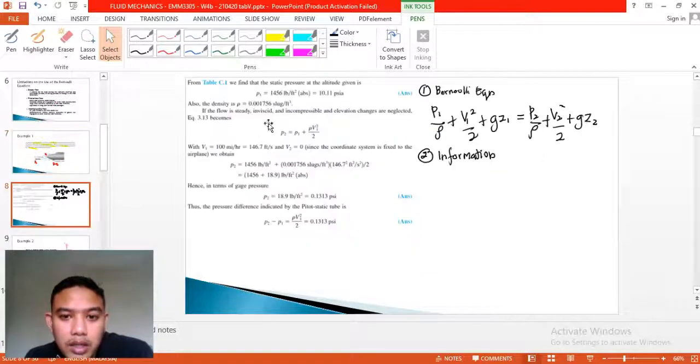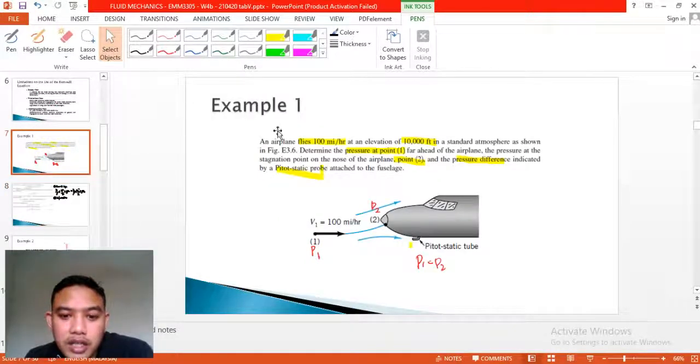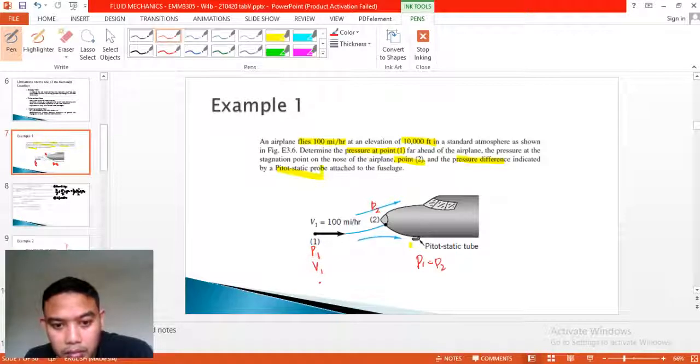Then the third one is Z, the potential energy. If you notice here, the points P1 and P2 are at the same elevation, there is no elevation change. So P1 we have, V1 also has a number, so Z1 is equal to 0.